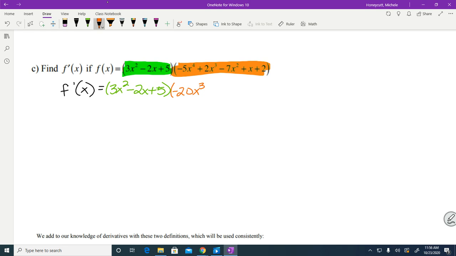Derivative of 2x to the third, multiply 3 times 2, you get 6x, subtract 1 from the exponent, squared, minus 2 times 7 is 14, subtract 1 from the exponent, x to the first. The derivative of x is plus 1, and the derivative of 2 is 0.